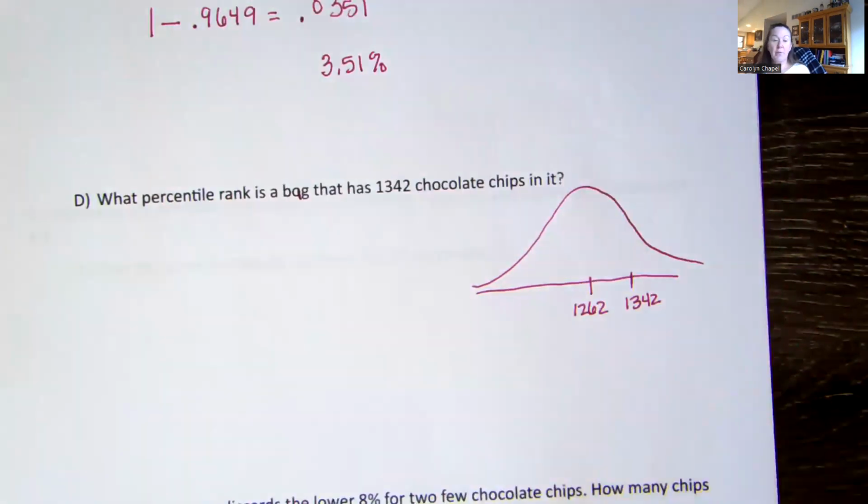Okay, so we're looking for percentile rank. Now, remembering percentile is a position, a placement thing, finding out what percent score at or below you. So here a bag has 1342 chips or fewer.